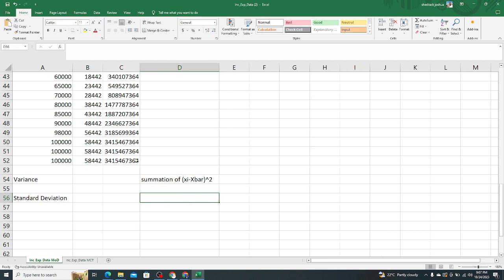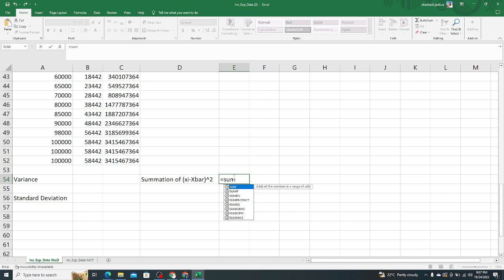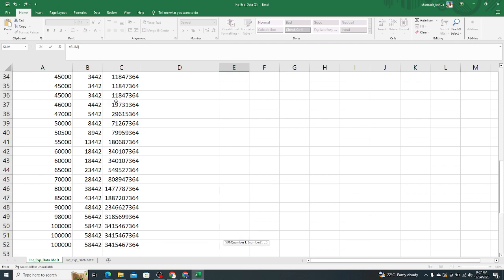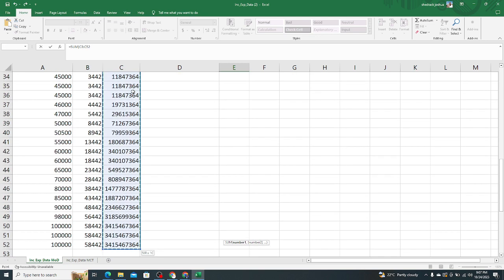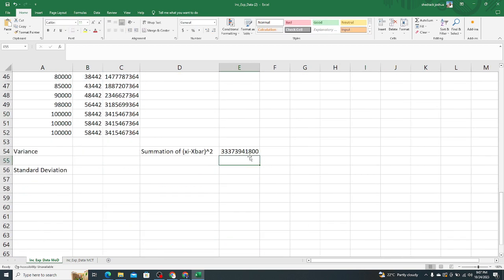This is our numerator value. So we are going to sum up all the xi's minus x bar squared, which is the sum of all these values. Once you sum, you will get this value.